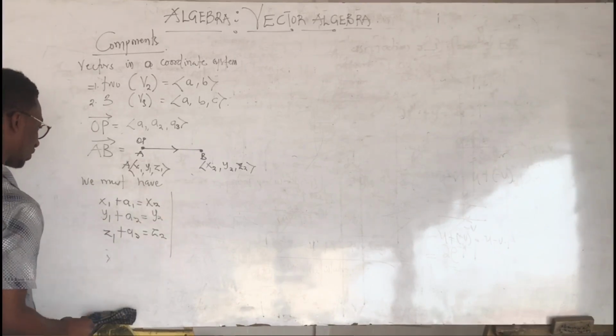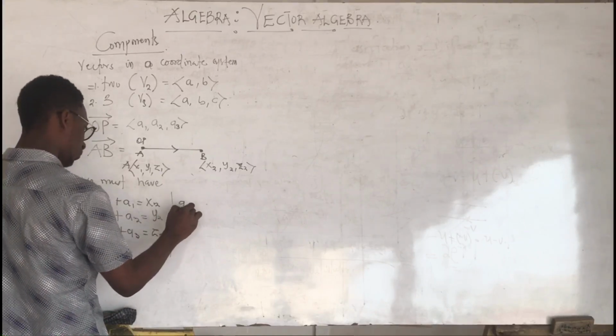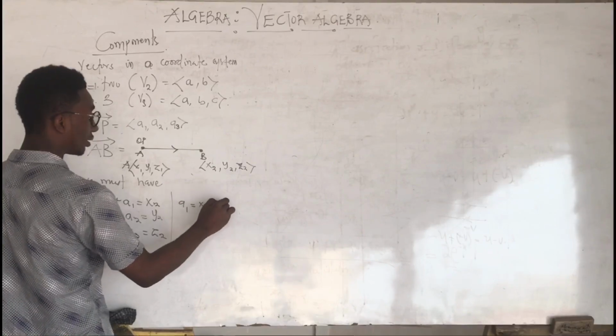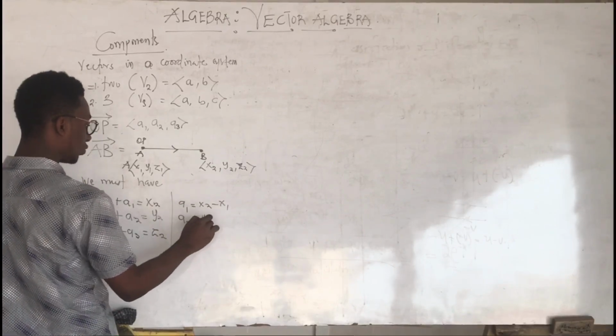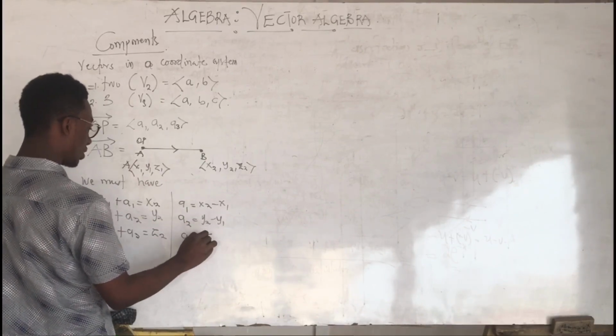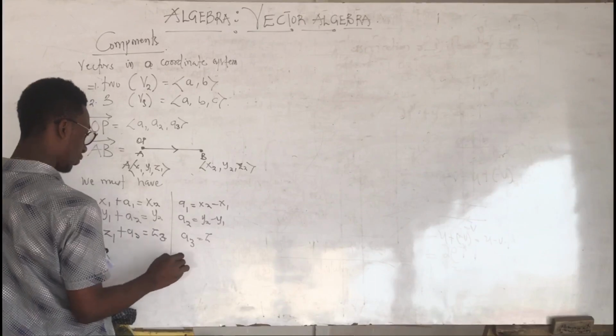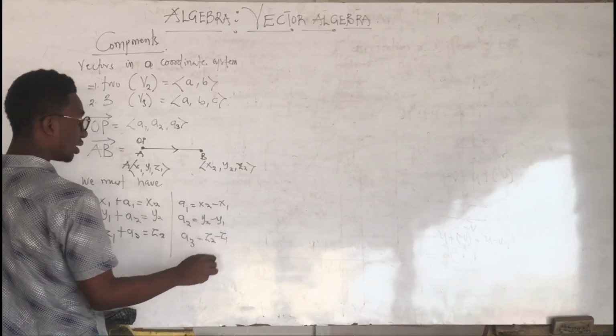Now when you have this, we can then say that a1 is equal to x2 minus x1, a2 is equal to y2 minus y1, and a3 is equal to z2 minus z1.